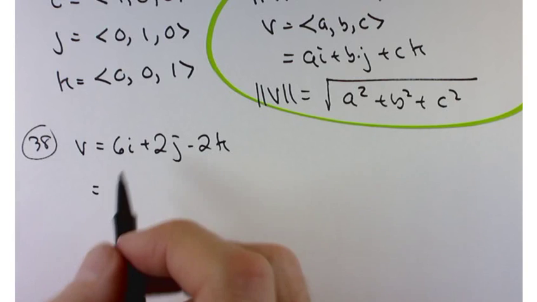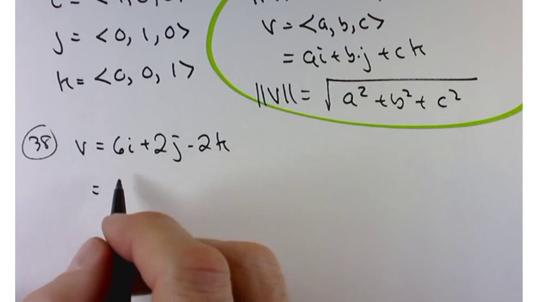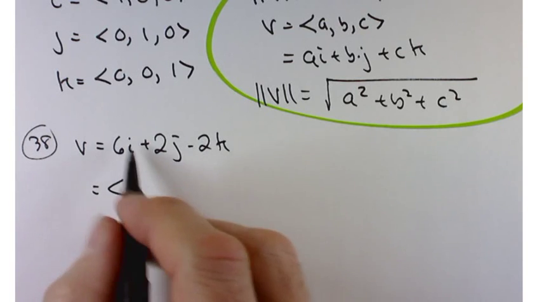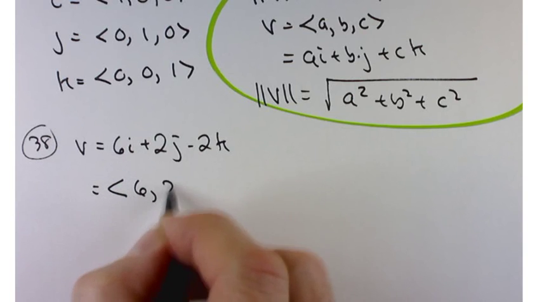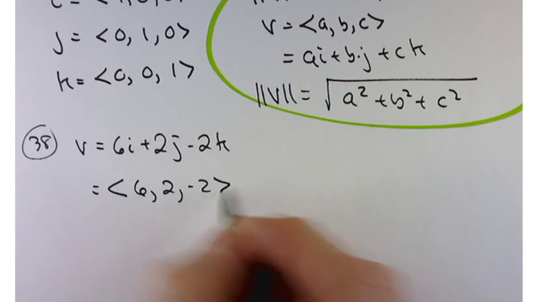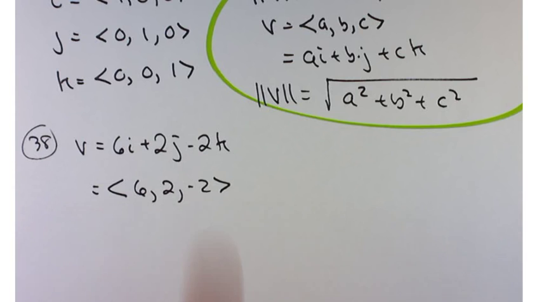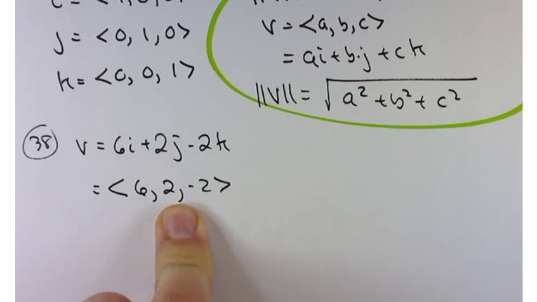The book will write this in bold. I'm not so good at that. So I can also write this as 6, 2, -2. And I use this angled bracket to reflect the fact that it's a vector, meaning you start out at the origin and you draw a line pointing to that point.